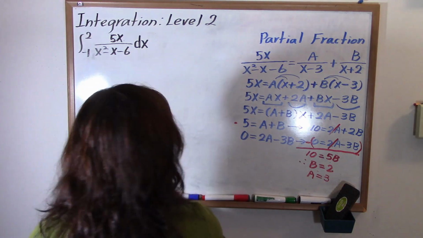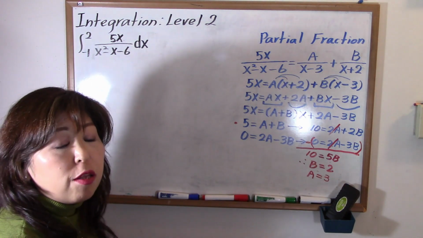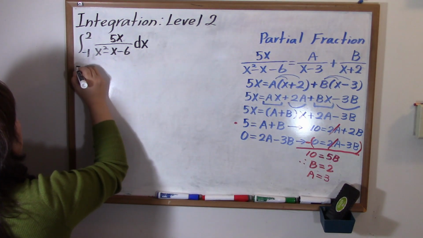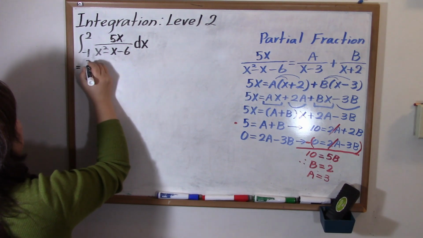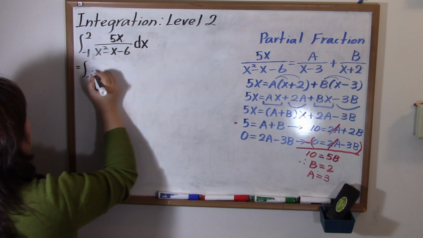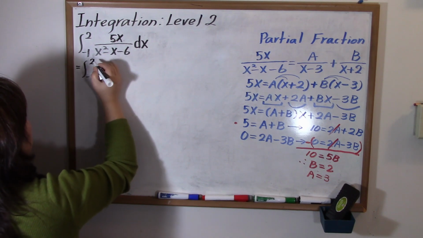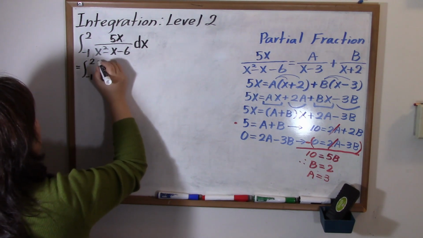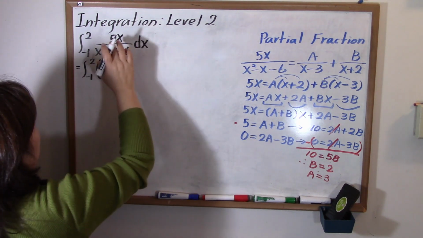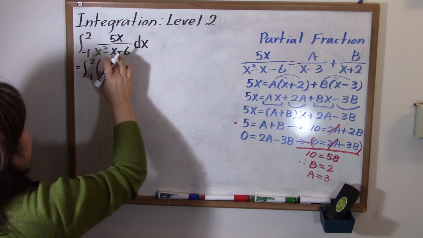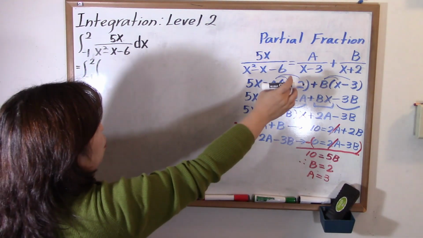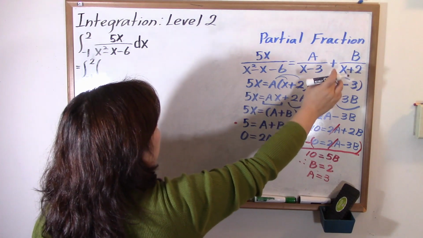Okay? So now we found the values of A and B, so we're going to rewrite. It is equal to the integral from negative 1 to 2 of parentheses 5x over x squared minus x minus 6, which will be A over x minus 3 plus B over x plus 2.